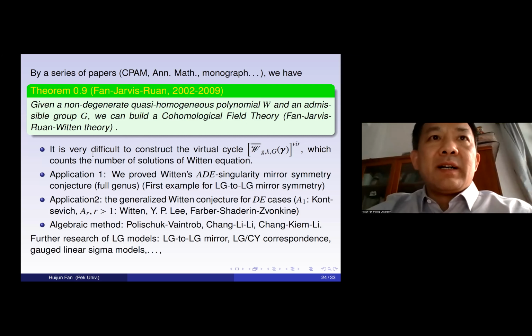The whole construction is very difficult. We have to understand the nonlinear Cauchy-Riemann equations. For example, we need to study the index theory and the asymptotic behavior of the solutions near the marked points and so on.